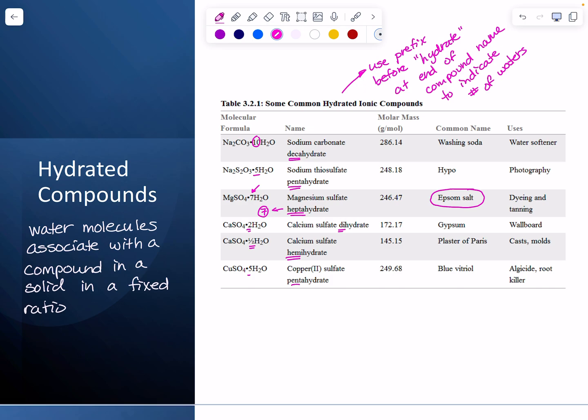It's going to take a lot of energy to break them apart. So you would have to heat them up a lot for the ionic compound to melt and eventually evaporate, to change state. But water, even though it associates with itself pretty tightly, is much easier to evaporate than an ionic solid.